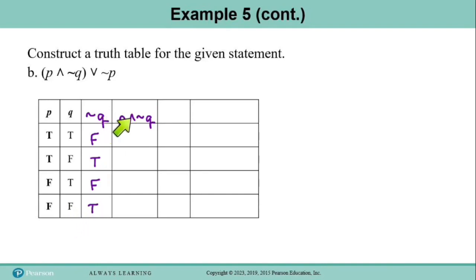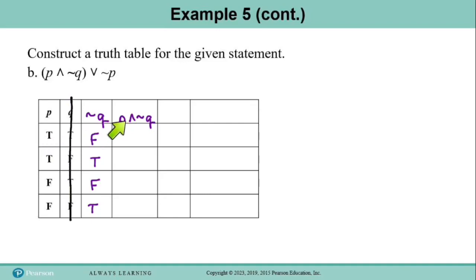And then for P and not Q, let's get straight which two components we're looking at here. Column P is over here, and not Q is right here. So basically you have to just ignore the column Q for right now. Let's just put a line through it for a minute.